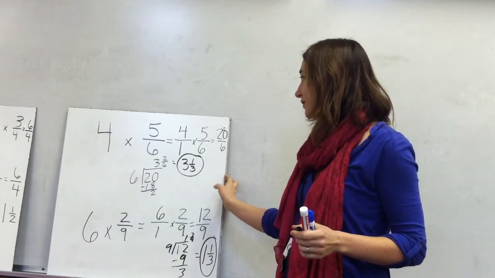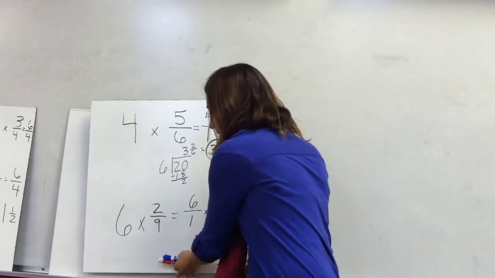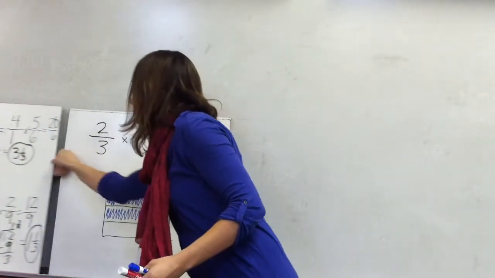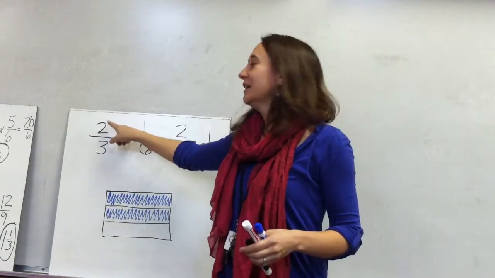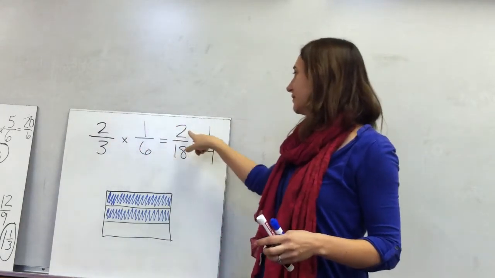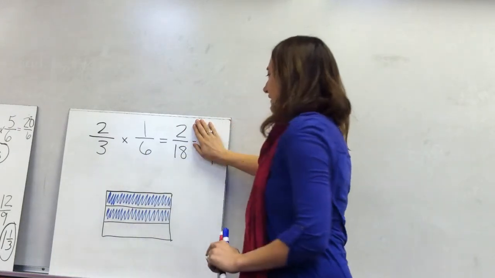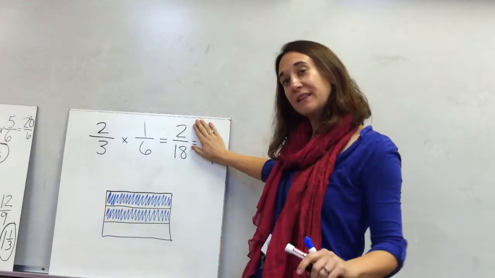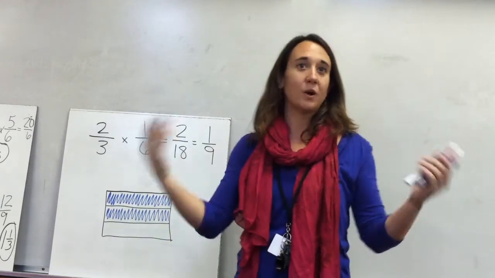But what if you have just fractions by fractions? I bet you already know, because we just did some, right? In this case, again, you simply multiply the numerators, you get 2. And then the denominators, you get 18. It's 2/18. Of course, we have to make that in the simplest form, which would be 1/9. But I want to show you in pictures why that is.